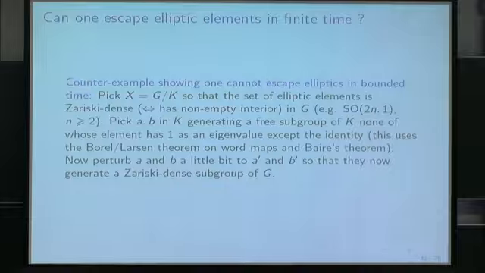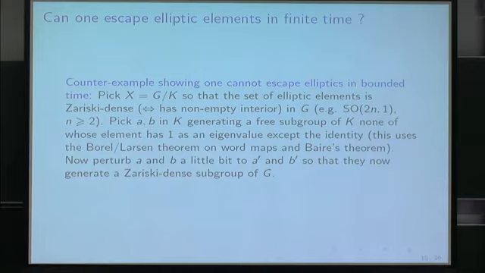Namely, the image of a word map from G cross G to G is Zariski dense. Using this, you can make sure that the eigenvalue 1 never appears.